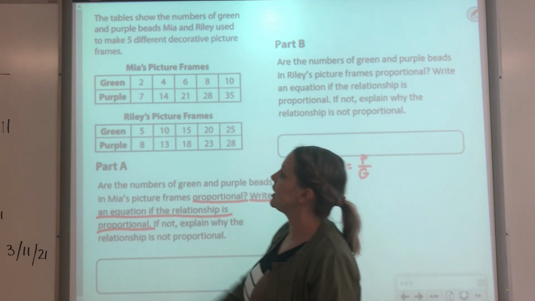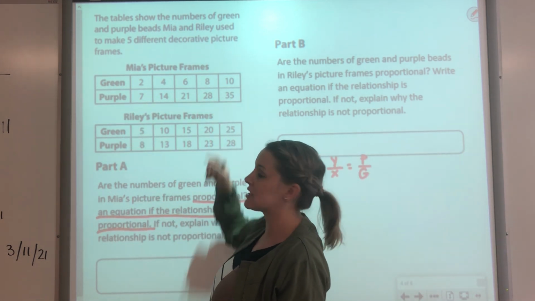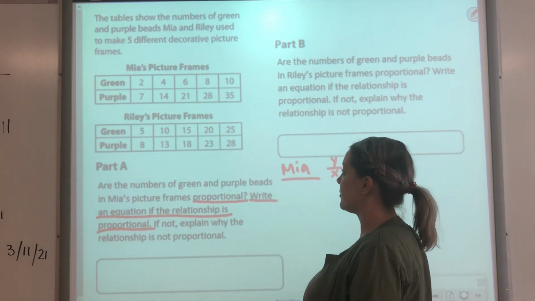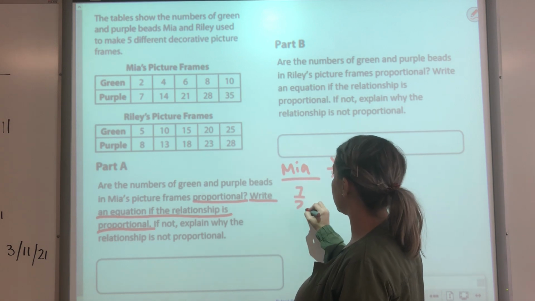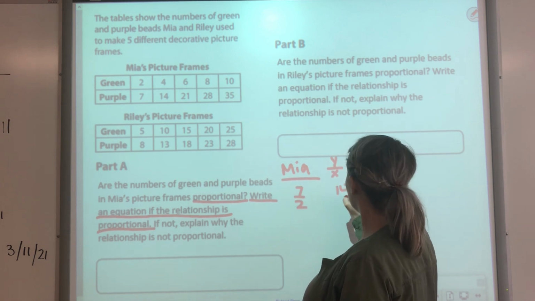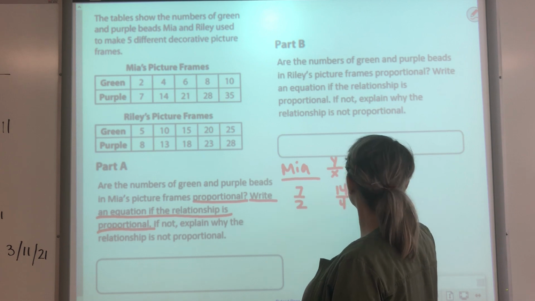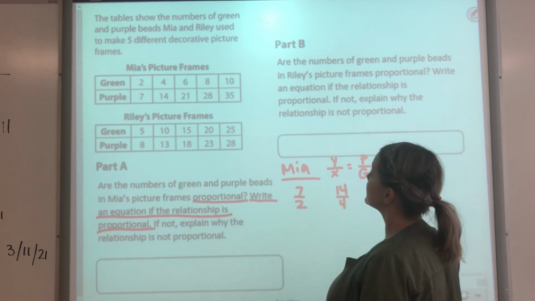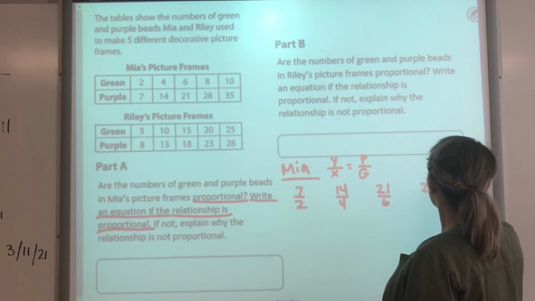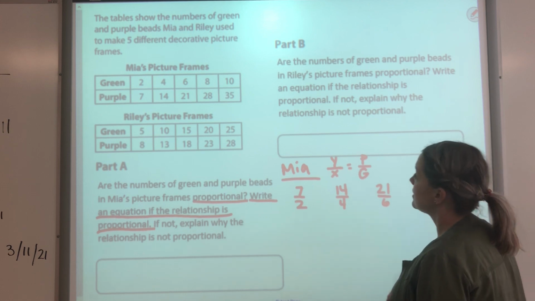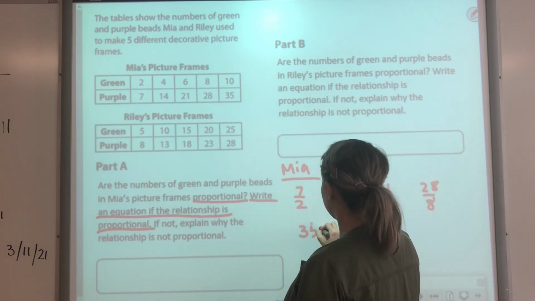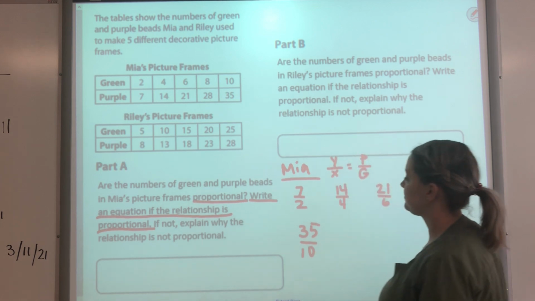So we need to look at each one of our values to see if they reduce down to the same amount. So 7 divided by 2, 14 divided by 4, 21 divided by 6, 28 divided by 8, and then 35 divided by 10.